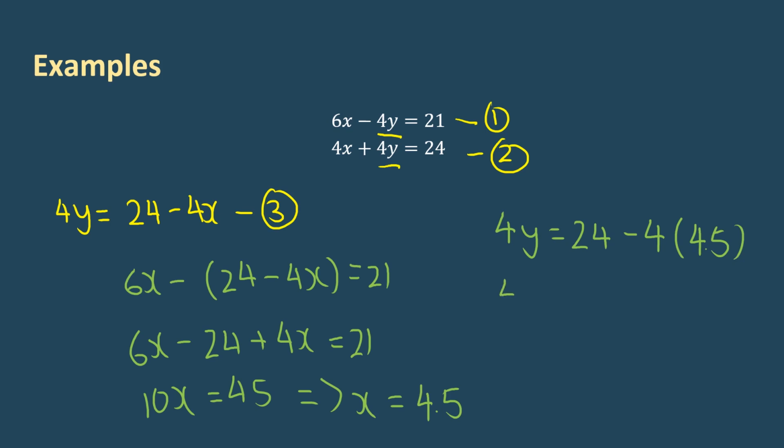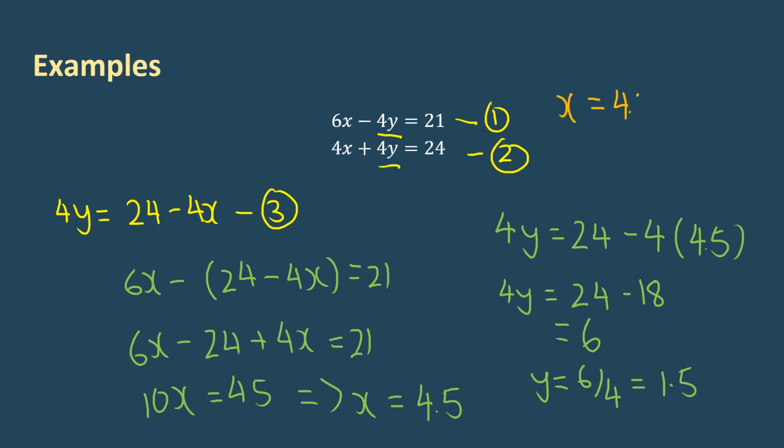So 4y equals 24 minus 18, which equals 6. y equals 6 over 4, also known as 1.5. Therefore, the final answer to this question is x equals 4.5 and y equals 1.5.